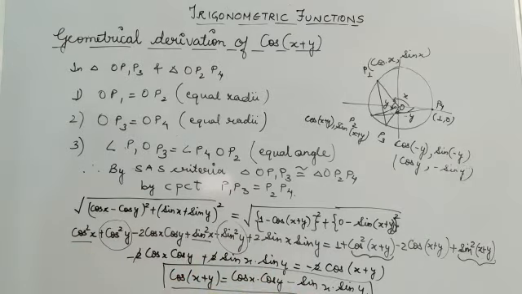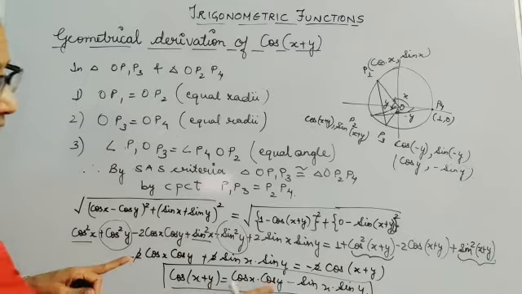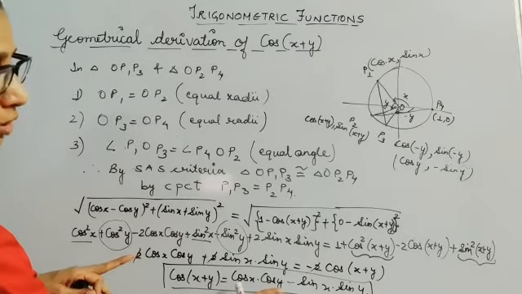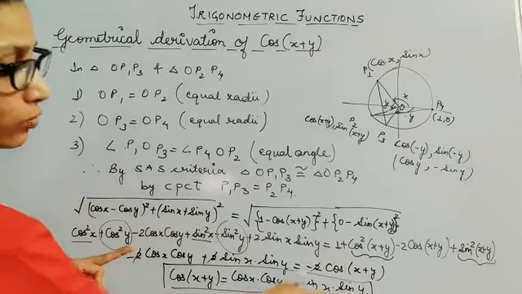Now I can derive this for cos(x minus y) also, and what will be the change we are going to get? In place of this, if I am writing minus y, that means I am substituting y with minus y everywhere.